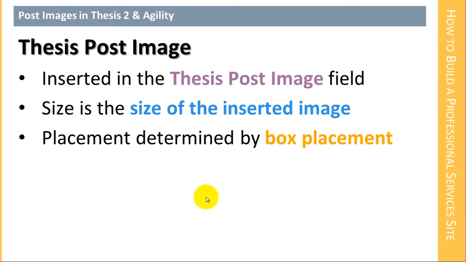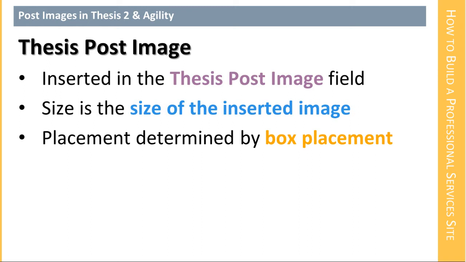The second kind of image we have is the thesis post image. Now, the thesis post image came along several years ago when it was obvious that there were a lot of ways you could use a post image besides just inserting it in the content. People had come up with plugins for creating thumbnails and then inserting thumbnails in different places.